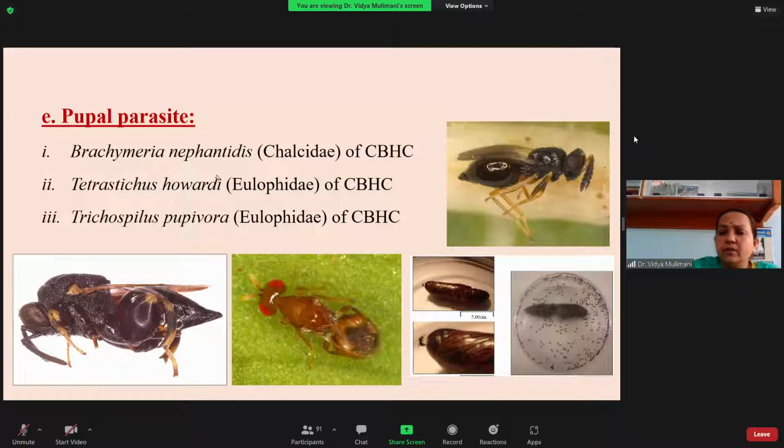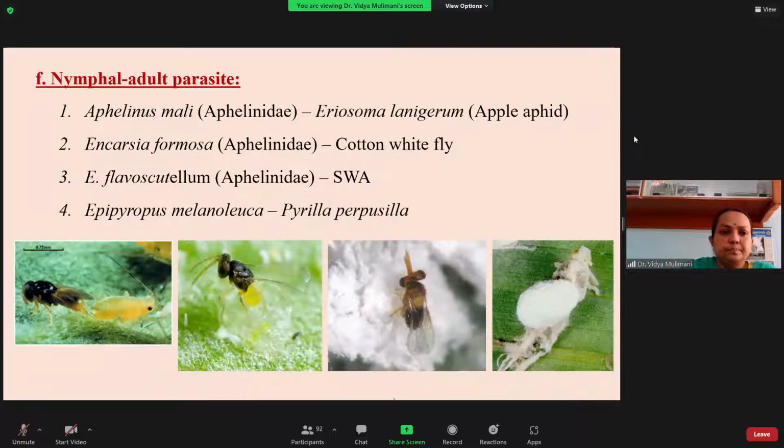Brachymeria nephantidis, a chalcid, which is attacking the coconut black-headed caterpillar pupa. Tetrastichus howardi, I have told you, an Eulophidae attacking again the pupae of the CBHC. And you have Trichospilus pupivora attacking the pupae of the CBHC. So all these three are examples of pupal parasites on the pupal stage of the insect.